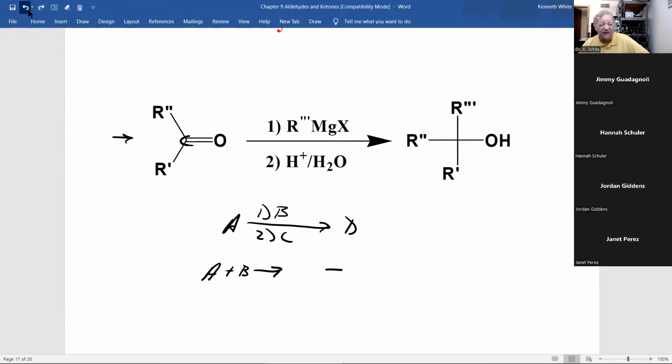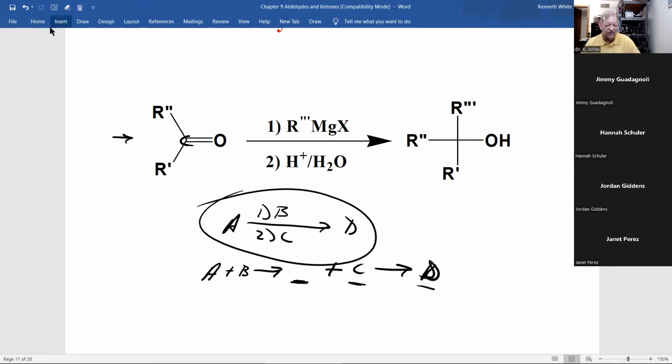Not like that, come on, like this: A and B make something, you react it with C, and you make D. But organic chemists like doing this. Here, the number one means the first step, what you react A with. And then after you react it with B, a second step, you react it with C.